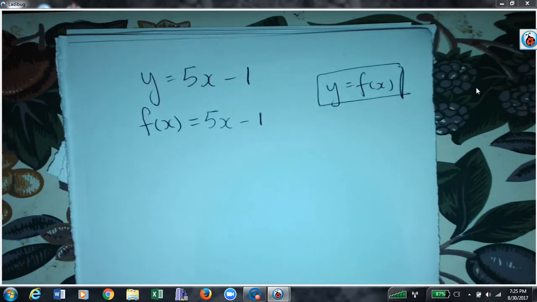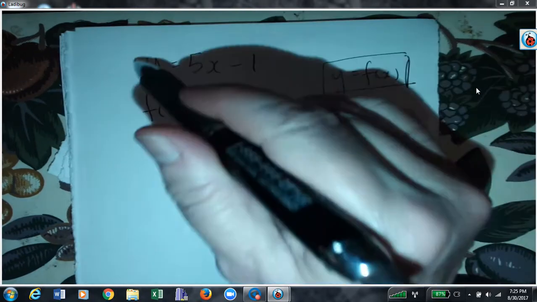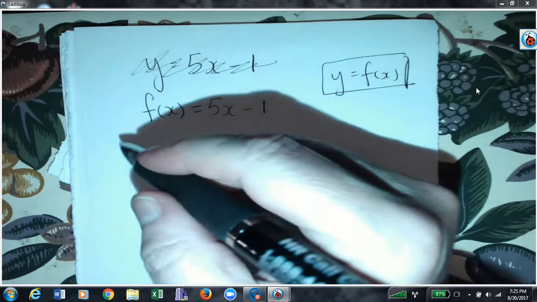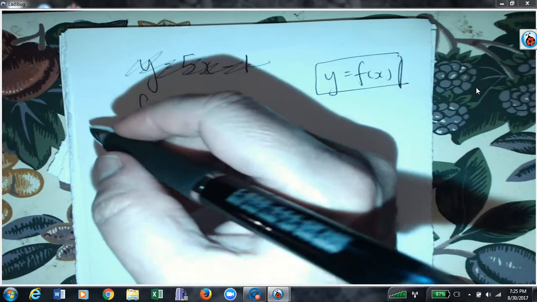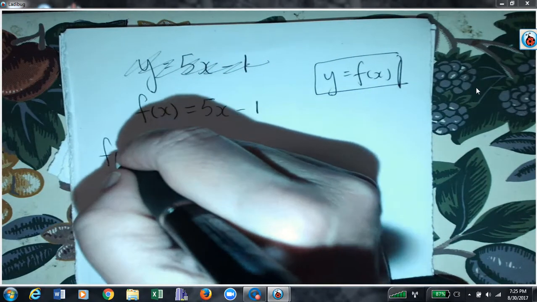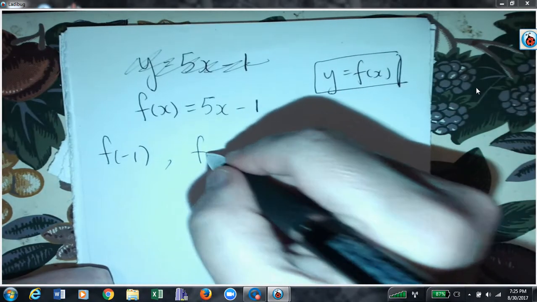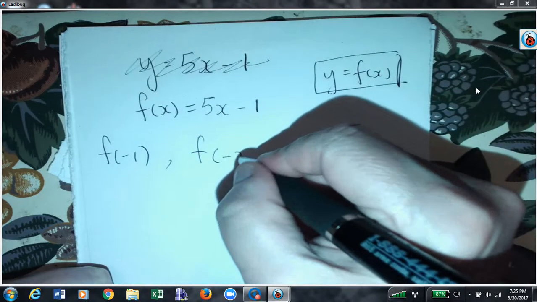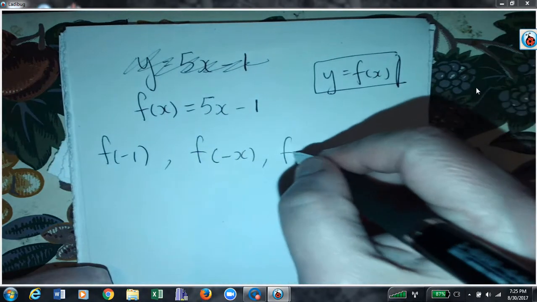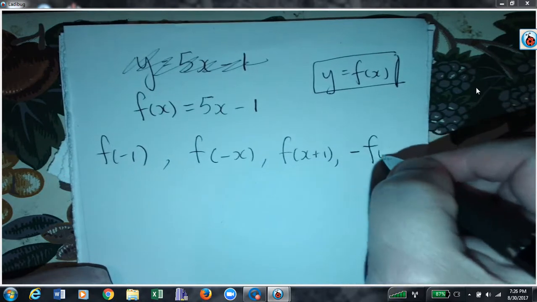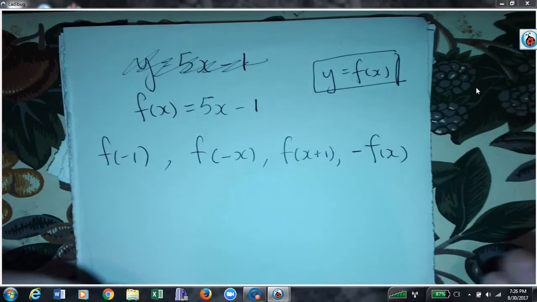Now, suppose I want to evaluate. So now I don't have to worry about this notation. They're the same thing. What is f evaluated at -1? What's f evaluated at -x? What's f evaluated at x plus 1? What is the negative of f of x? Let's see if we can find all of those.